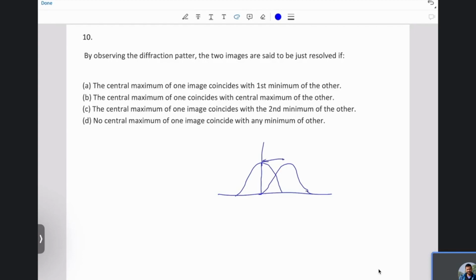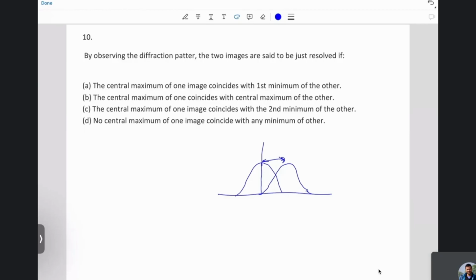Then you say that these two images are just resolved. That means you can separate them, you can tell these two images apart. Otherwise, if it is something like this, it looks like a single image. So yes, this is the condition for resolution.